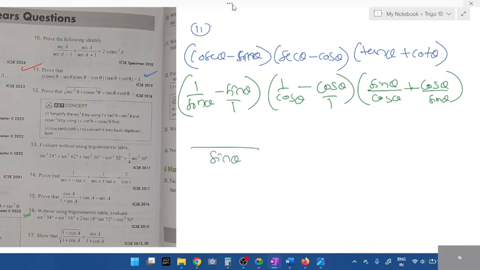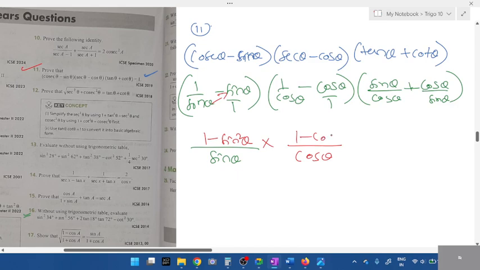Then, if denominators are different, numerator also will change, right? So cross multiply. Here, no, no, no. Cos theta into sin theta.